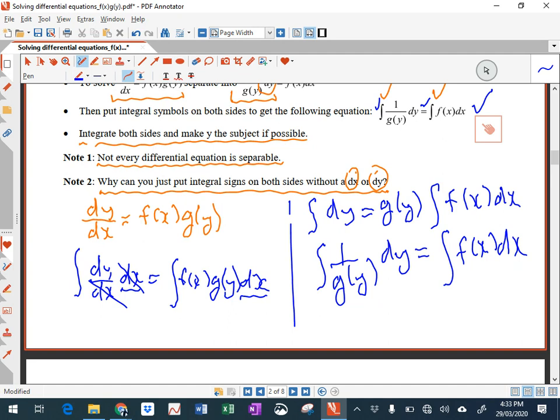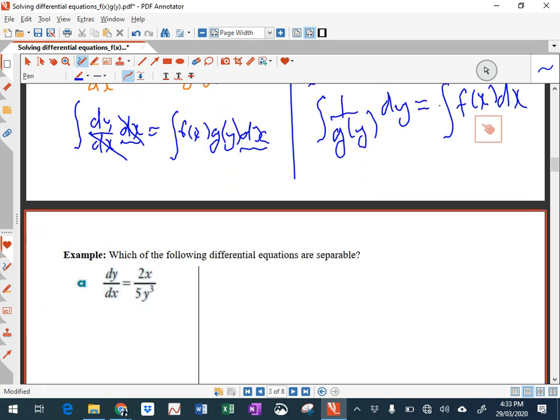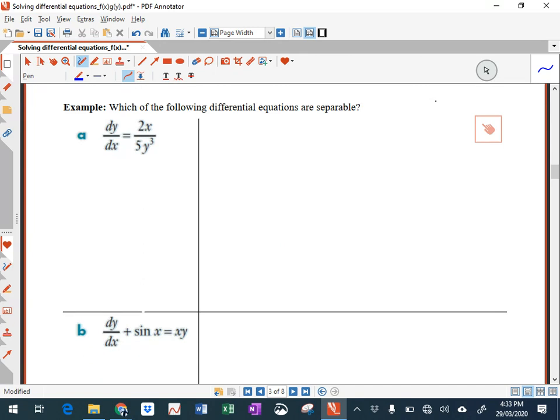Okay, so let's have a look at the first example here. Which of these are separable? I'm going to try and use a different pen for this one so I won't get such wiggly lines. All right, so first of all, I'm just going to, if you like, cross multiply.